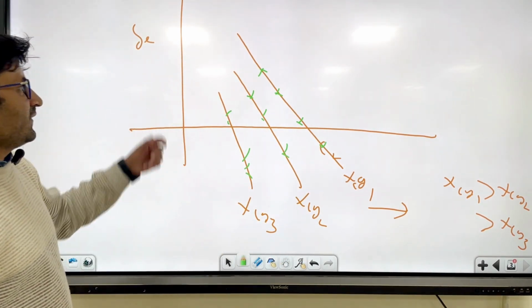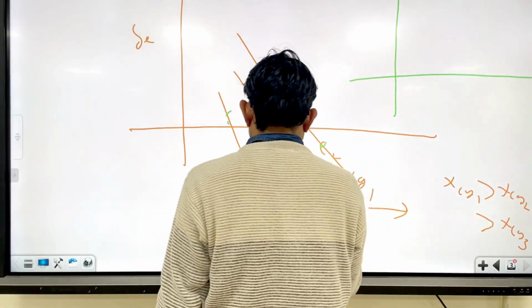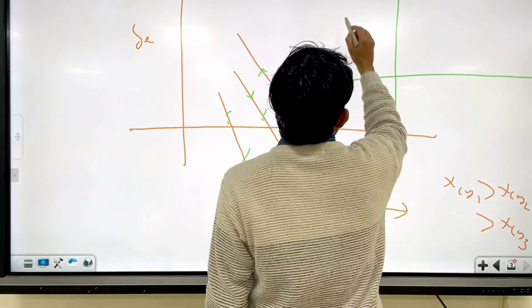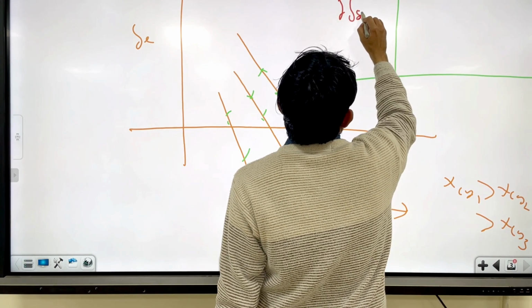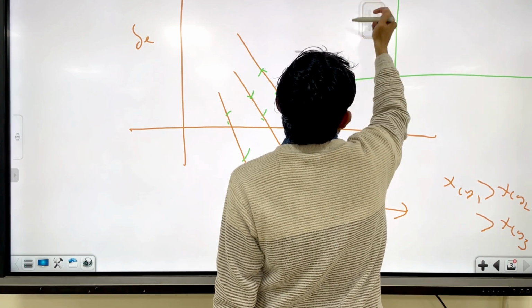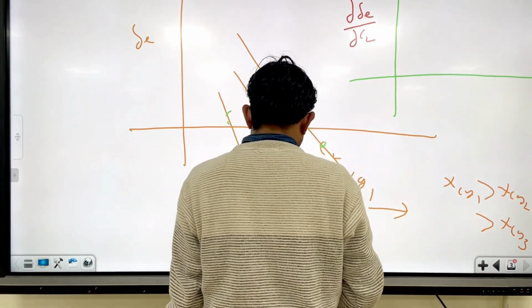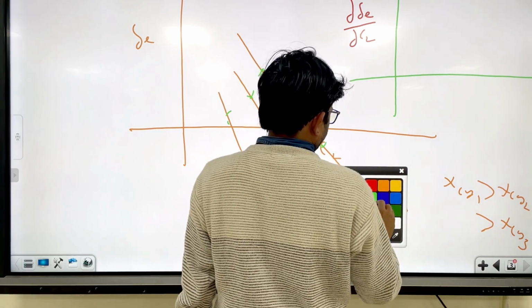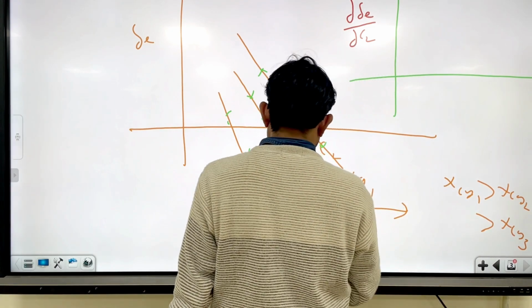From this graph you can find out the slope, dou delta E by dou Cl. When you find out the slope, you can put this slope here.